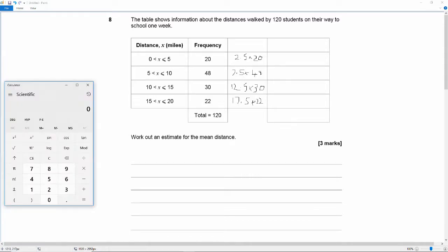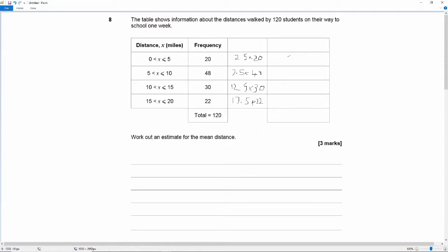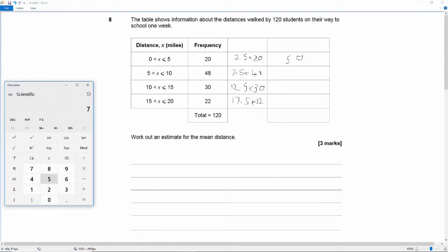So now, okay, it's 2.5 times 20. Well, actually, 2.5 times 2 is 5, 5 times 10 is 50, so I don't need my calculator for that one. 7.5 times 48, that one I will need my calculator. So that's 7.5 times 48, 360.